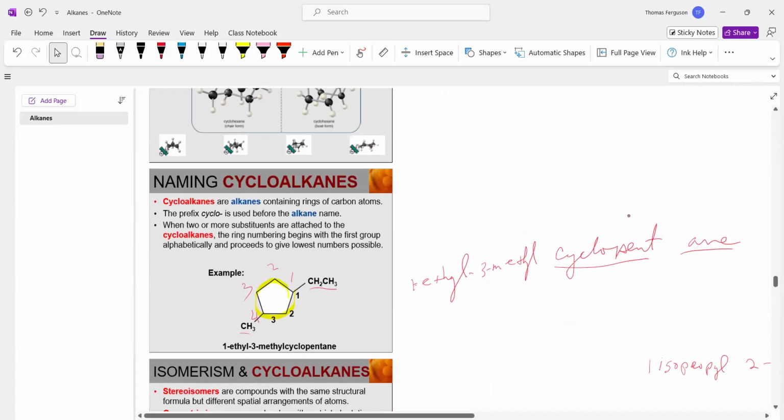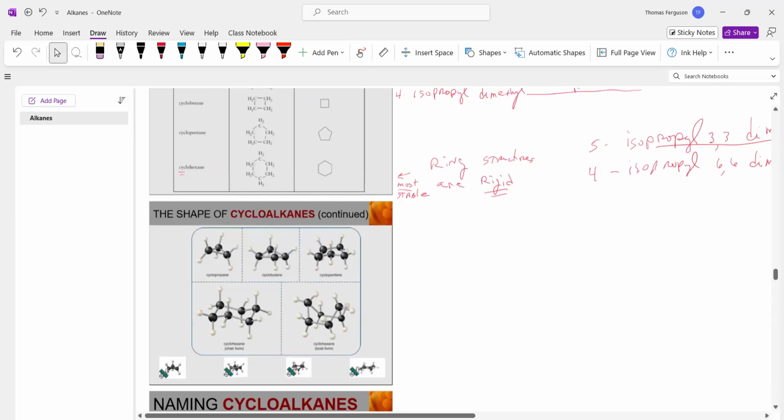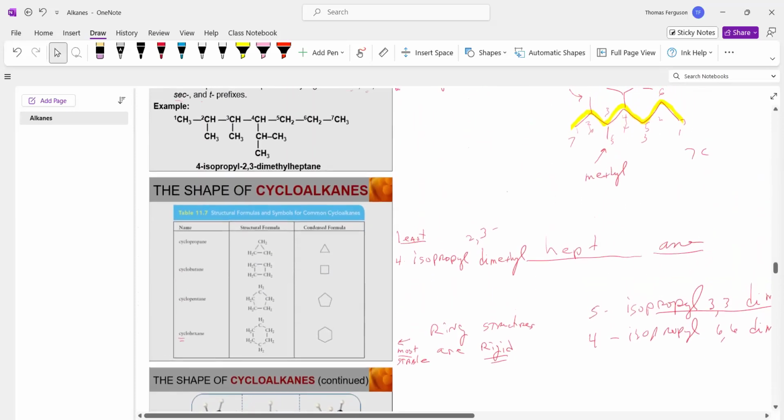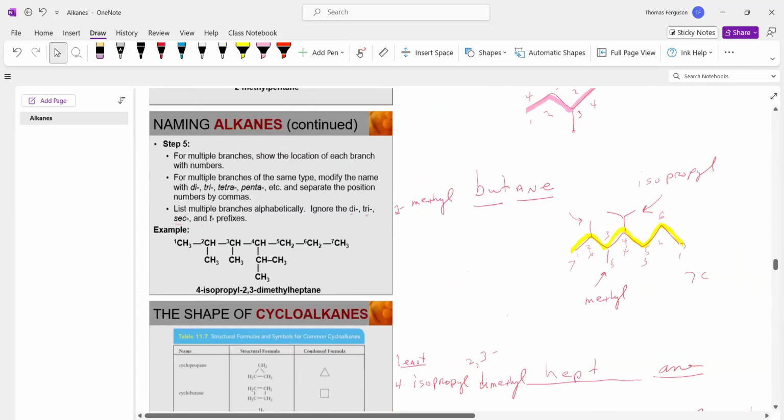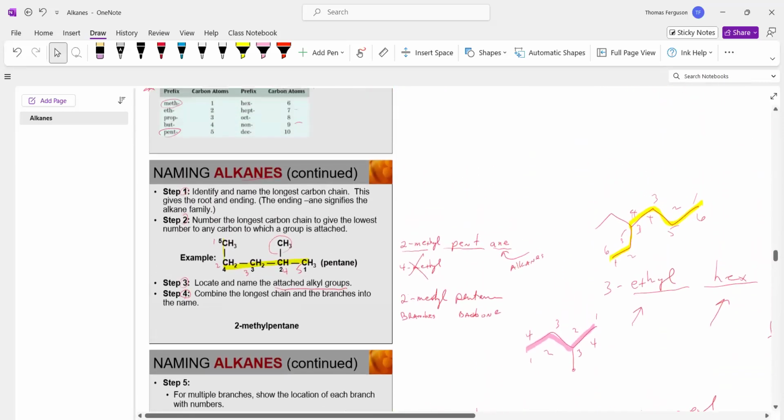Okay, so I'm going to not go any further here. That's going to be for next week. What I want to talk about now is going from a name to a structure.